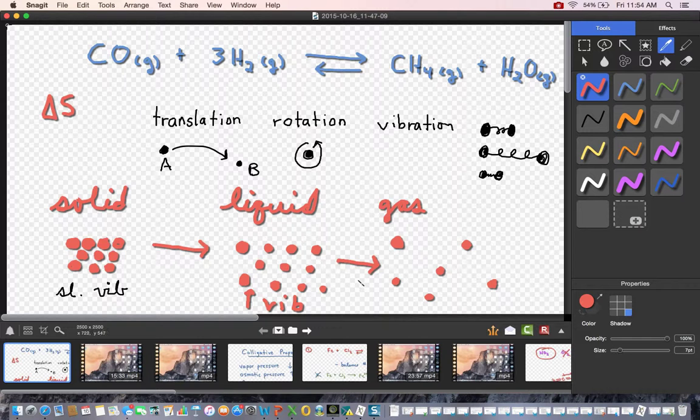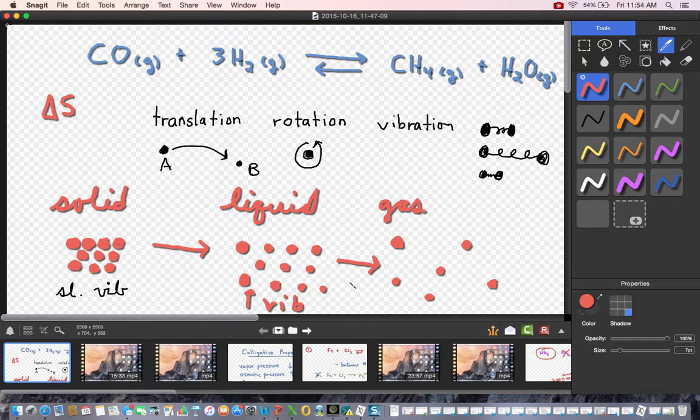If I have more in products than I do in reactants, then the delta S is greater than 0. If I have more moles of gas in reactants than I do in products, then the delta S for that conversion is less than 0. If the number of moles of gas are the same, then delta S is very close to 0.